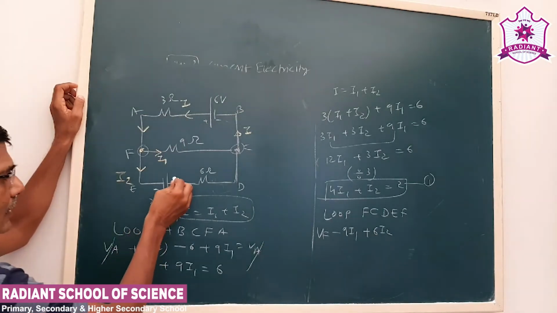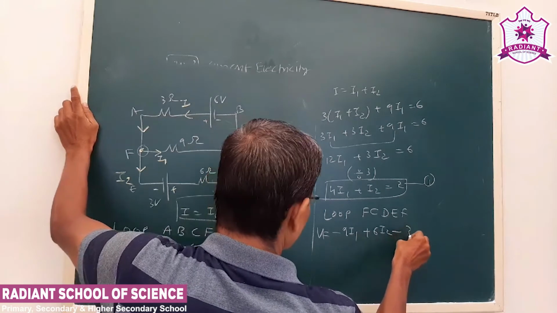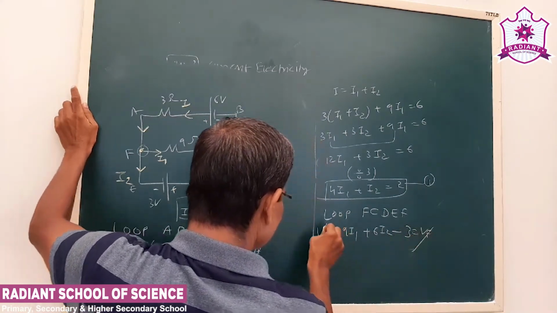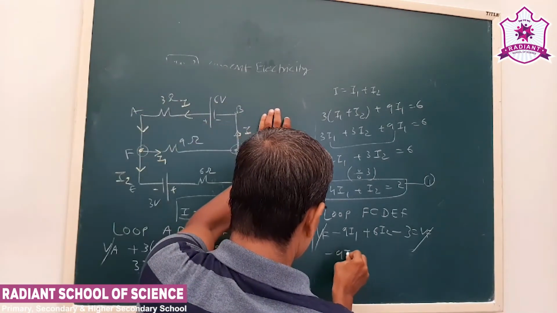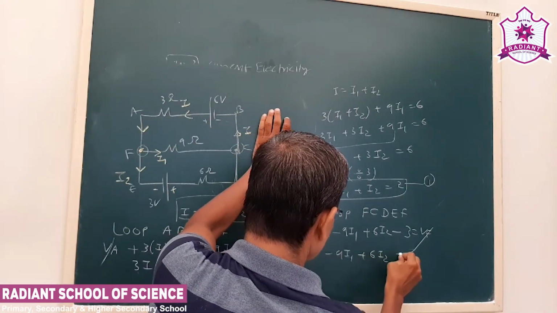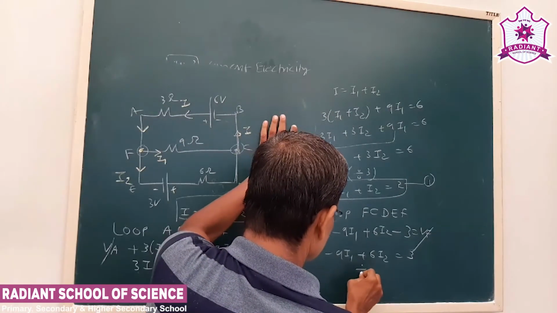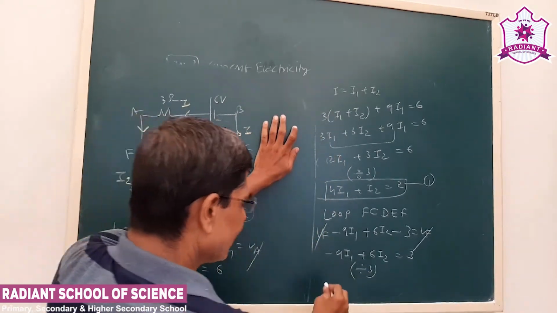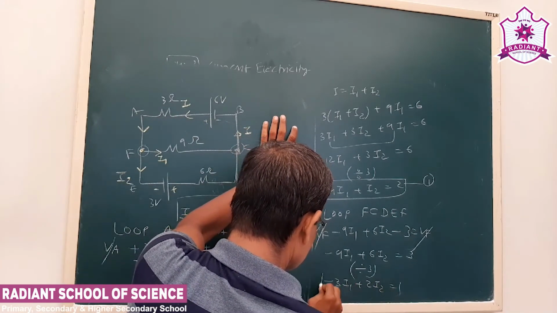Now we move from plus to minus of the battery, minus 3 is equal to VF. So the equation: minus 9I1 plus 6I2 is 3. Again, they are multiples of 3, so we can get minus 3I1 plus 2I2 is 0.